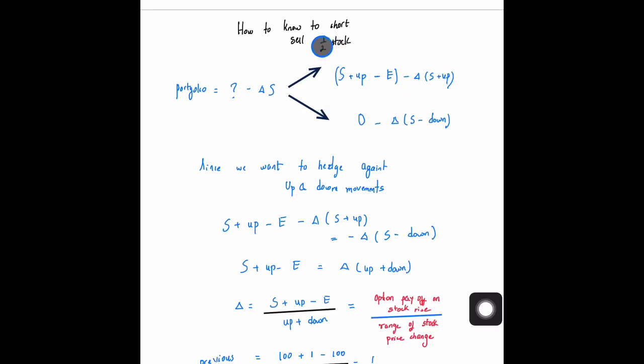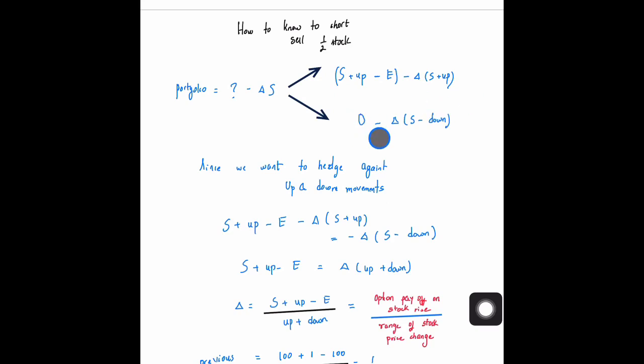As we have said, the probabilities are irrelevant, so let us not worry about them right now. In case the stock price decreases, then below the exercise price the value of the option is 0, whereas the value of the short stock is minus delta times S minus down. To make sure that we have hedged correctly, these two quantities should be equal to each other. We have to hedge against up and down movements.